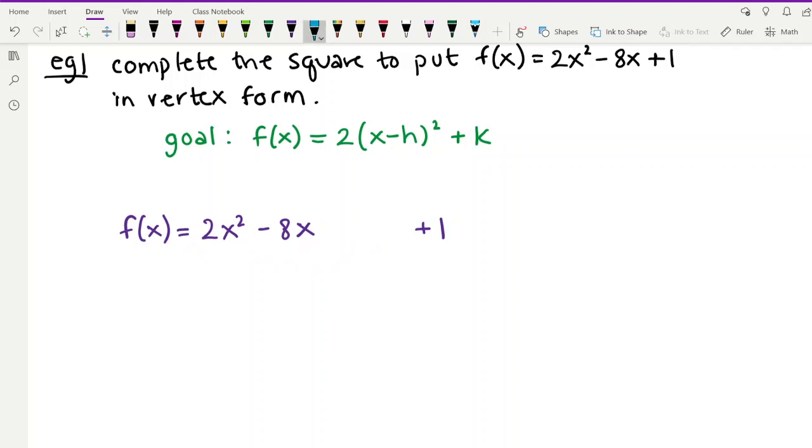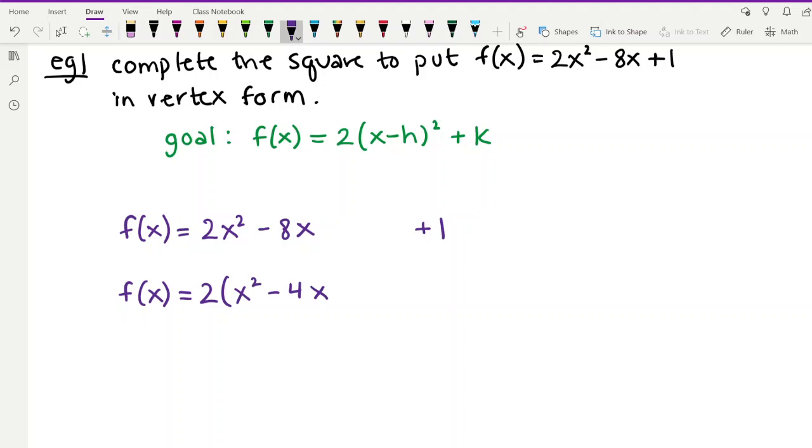However, there's one other step that we have to do before we go through that process of figuring out what we need to add. Remember, we want our function to look like 2 times something squared. And what does that mean? Well, that means we want to factor out a 2. So we're going to rewrite our function as 2 times x squared minus 4x.